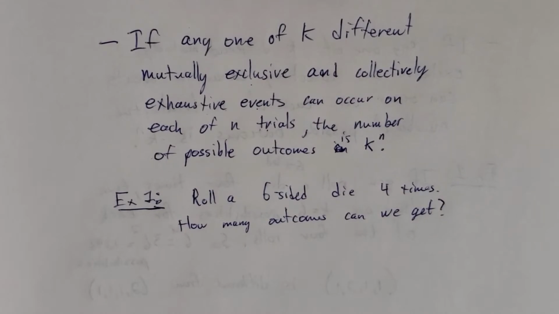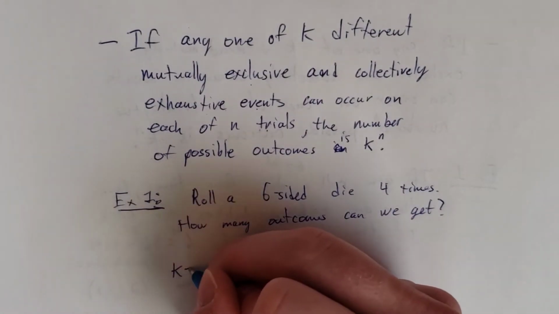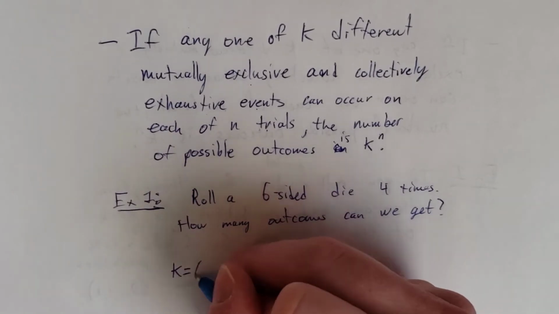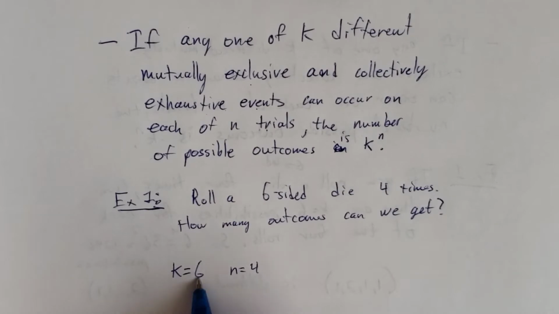We have 4 6-sided dice that we roll. So the number of outcomes is, here we get k is equal to 6, n is equal to 4, because there are 6 outcomes for each of the 4 trials that can occur.